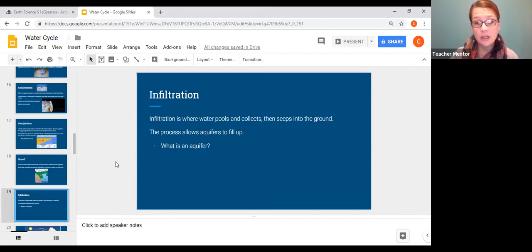Well, since we're dealing with the ground and we're dealing with water seeping into the ground, an aquifer is going to be an underground reservoir that collects water. So it could be just that, an underground reservoir. It could be a well. It could be a lake or a pond that's been underwater for a while. So an aquifer is just kind of a storage unit of water underground.